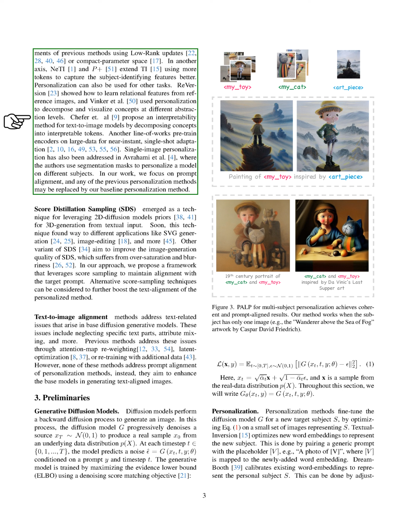Some researchers have pre-trained encoders on large data for near-instant, single-shot adaptation. Single-image personalization has also been addressed, where the authors use segmentation masks to personalize a model on different subjects. In our work, we focus on prompt alignment, and any of the previous personalization methods may be replaced by our baseline personalization method.